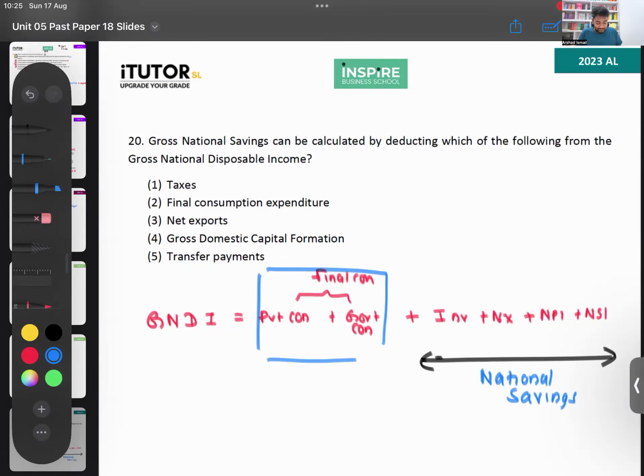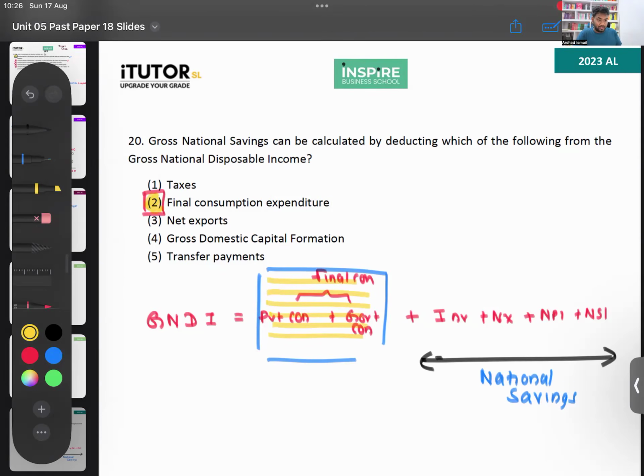Which one is your answer? Taxes, final consumption, net exports, gross domestic capital formation, transfers. Final consumption, right? If you remove final consumption, that is private consumption and government consumption, you get the balance. So your answer there will be number 2.